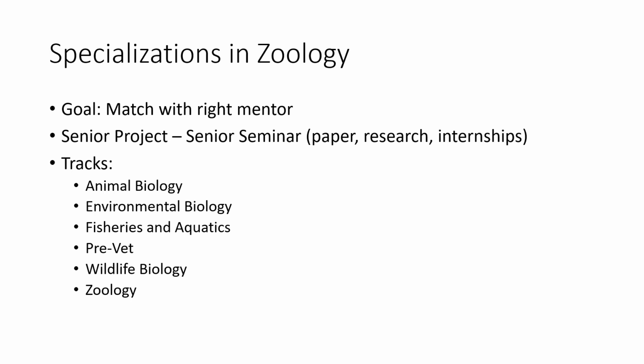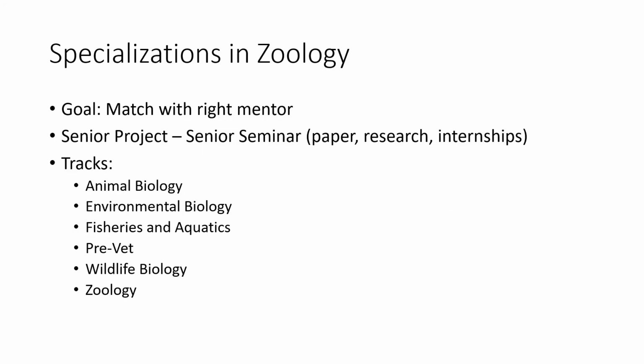There are several different types of tracks that you can go after here at SIU Zoology, and those are detailed in the form that I gave you. It's the form that talks about undergraduate advisement and all the various types of opportunities that you have available to you.